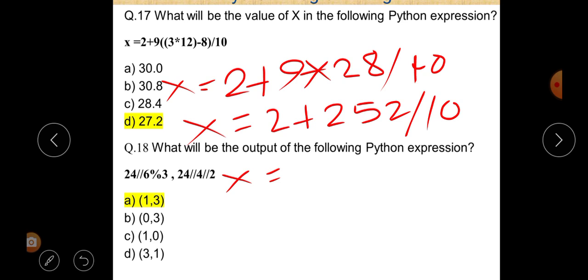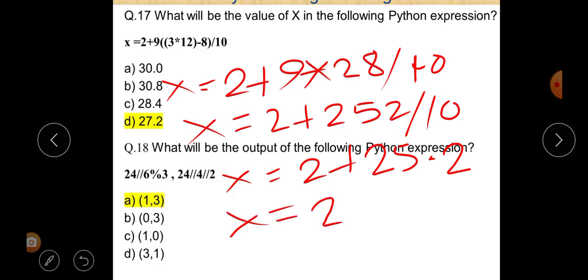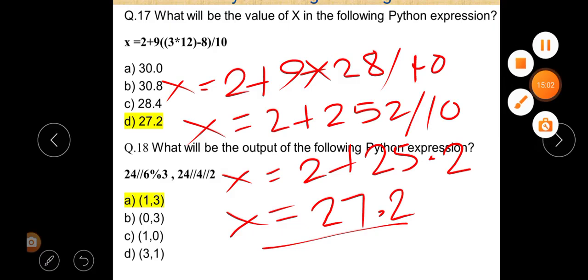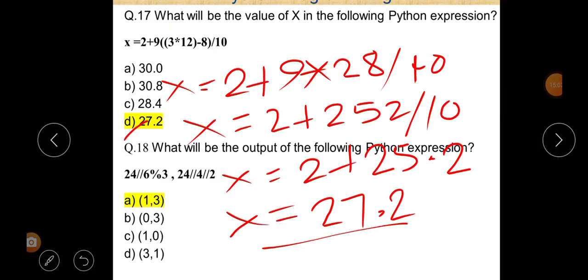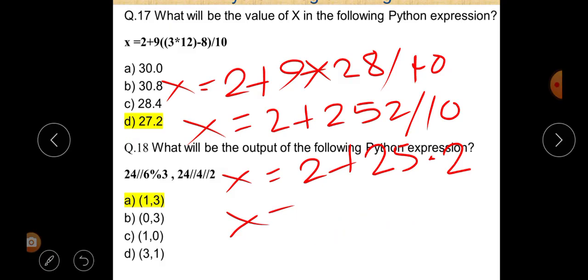When 252 is divided by 10, our answer is 25.2. And when 25.2 is added to 2, it is equal to 27.2. So 27.2 is the correct answer, so answer D is correct. Now, question number 18.